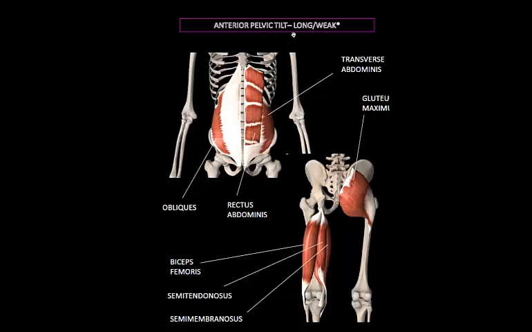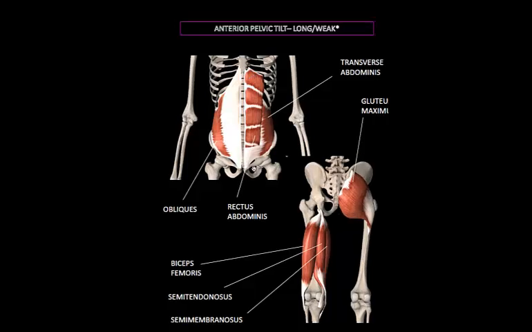The long and weak ones are very simply the muscles of the anterior abdominal wall, and as we see the pubic crest, which is just this ridge on the pubis, as that moves away from the ribs, it will elongate whichever muscles are attached to that surface, and this happens to be rectus abdominis and internal and external obliques.